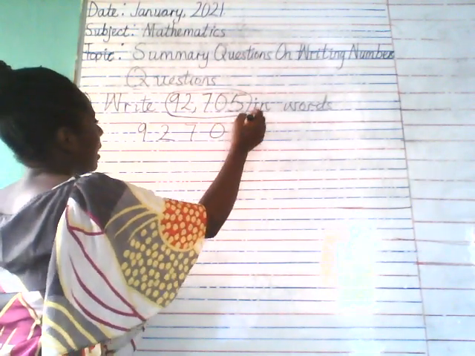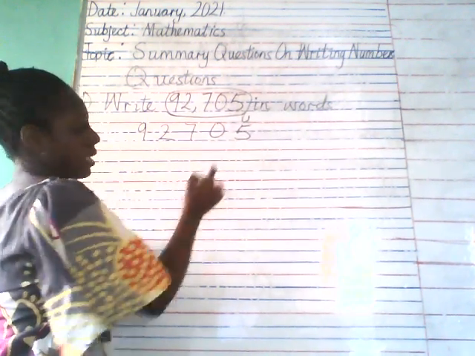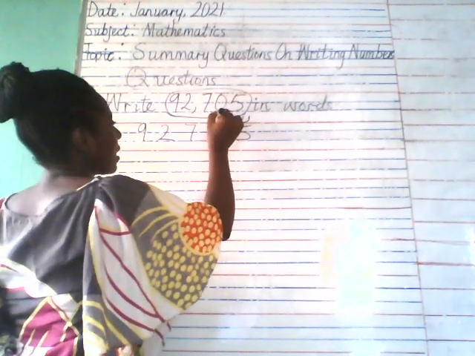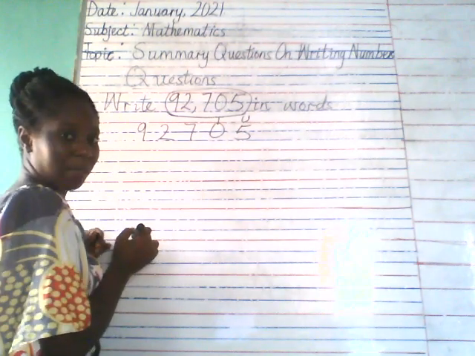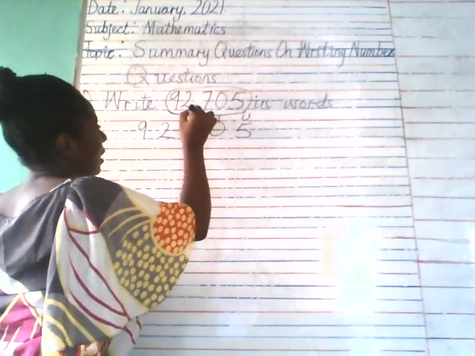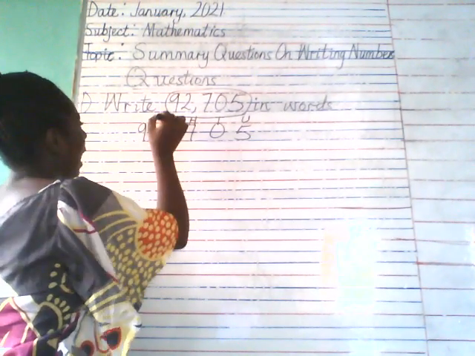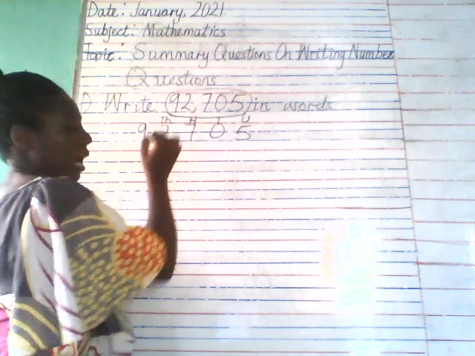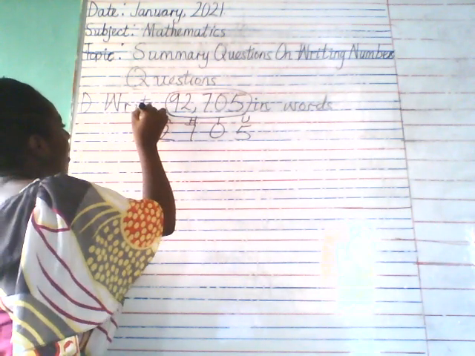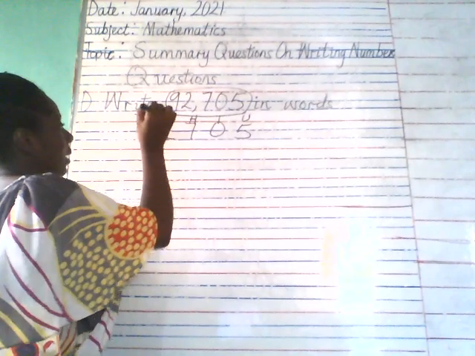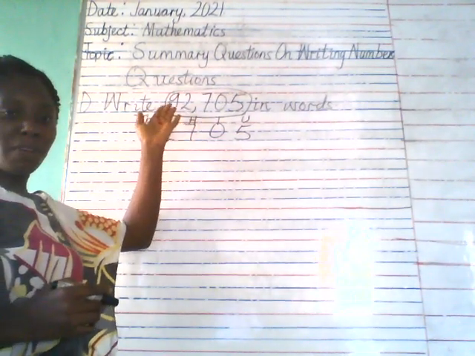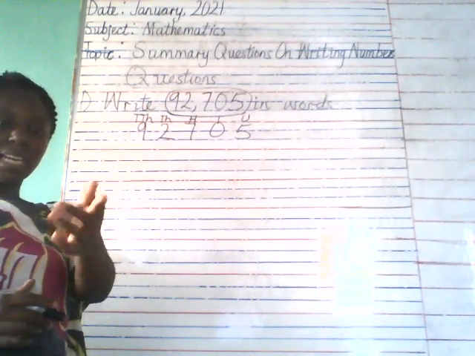Then you place the values. The last place value is unit. After units, I have my tens. After my tens, I have my hundreds. After my hundreds, I have my thousands. After my thousands, I have my tens of thousands. Can you see that?